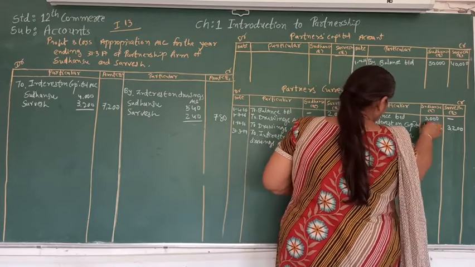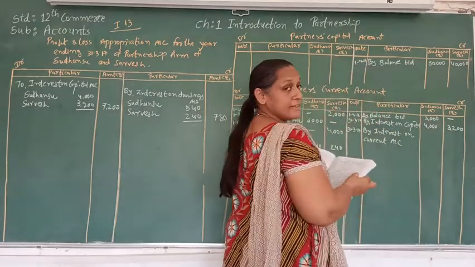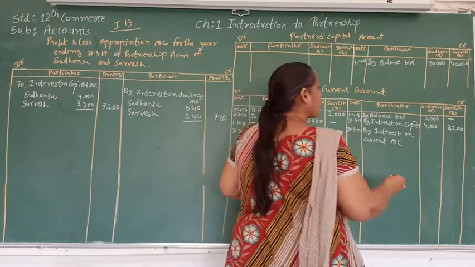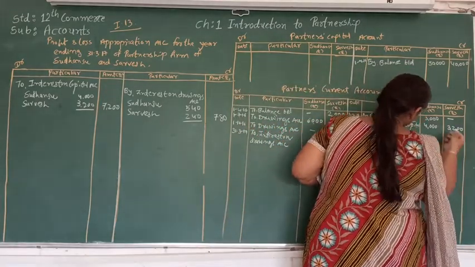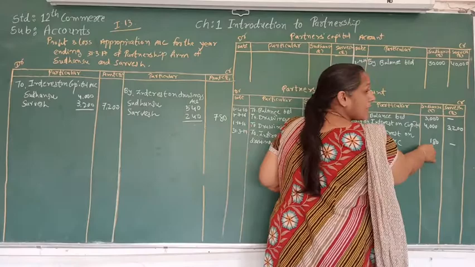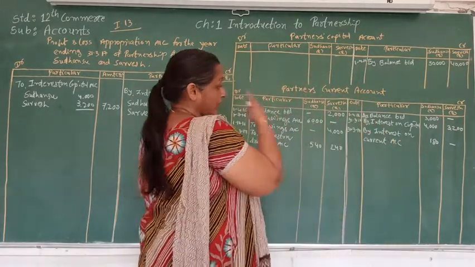So here on 3,000 let's calculate at 6%. So it will be 180. So here this is the income for the partner, and the same will be expense for the firm.